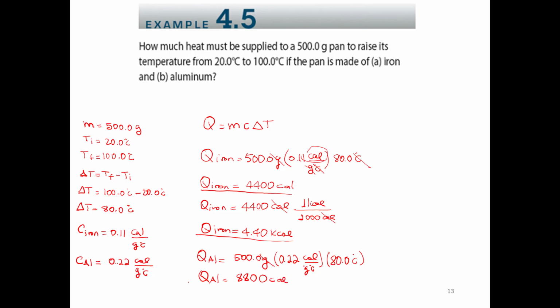Again this cancels out with grams and degrees Celsius, and we have cal. And if we want to convert this one, we divide by 1,000, then we will have 8.80 kilocalories. That's the same procedure we did before. And this is the answer in the case of the aluminum, and this is in the case of the iron.